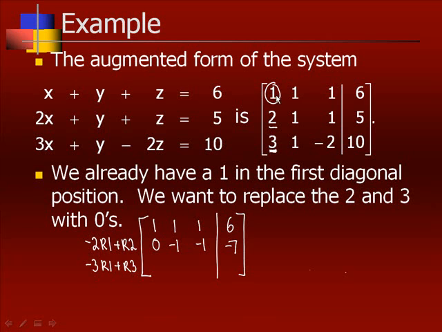So negative 3 times 1 is negative 3, plus 3 is 0. Negative 3 times 1 is negative 3, plus 1 would be negative 2. Negative 3 times 1 is negative 3, minus 2 would be negative 5. And negative 3 times 6 is negative 18, plus 10 would be negative 8. So that got our first column complete.